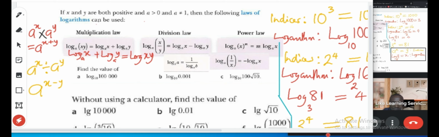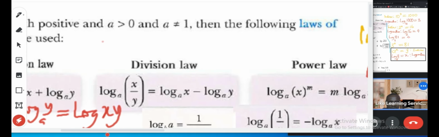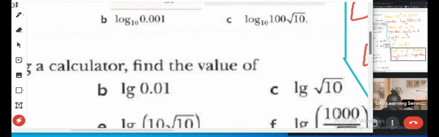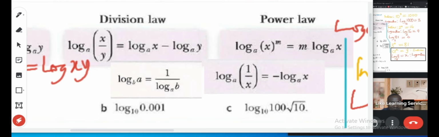1 over x. Do you know 1 over x is the same thing as saying, this is another way to write it, log x raised to the power minus 1?